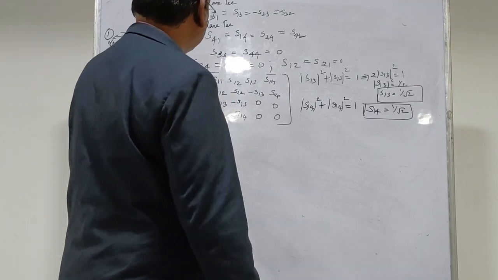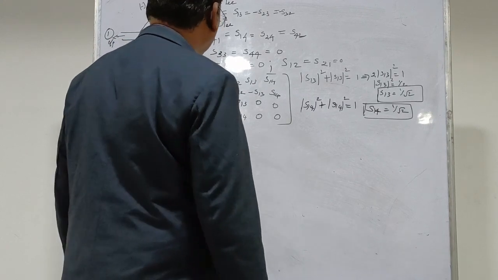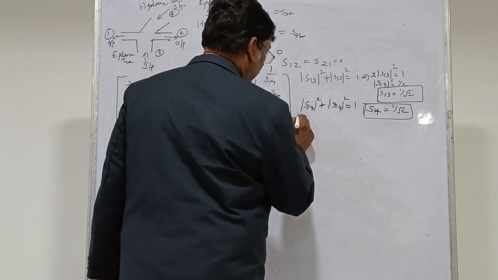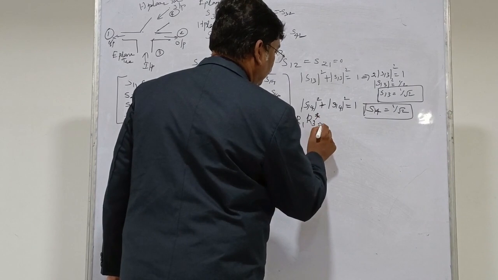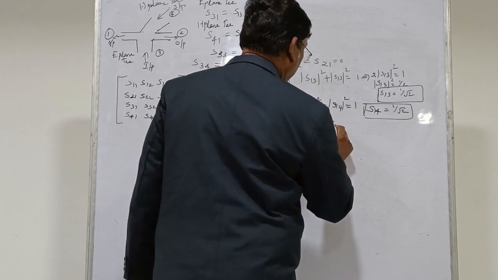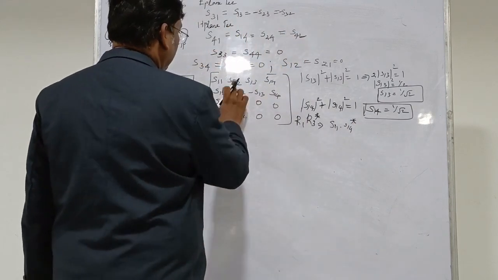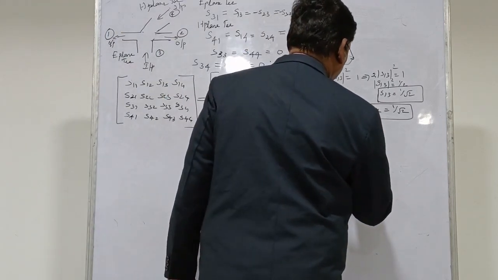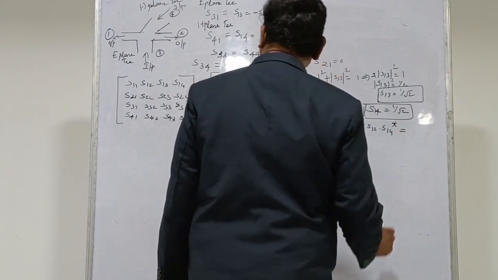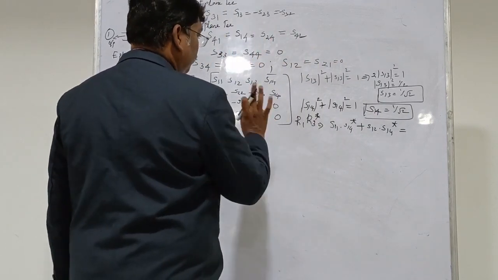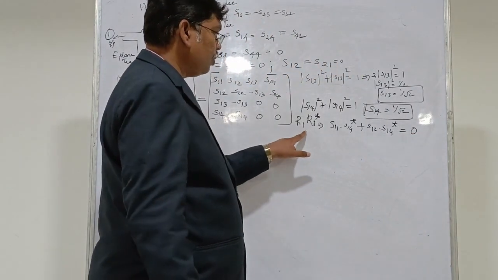So for that, I am taking row 1 with the row 3 complex conjugate, which is S11 into S13 complex conjugate, plus S12 into S13 complex conjugate, and these two other values will become 0. So this is equal to 0 because I am taking two different rows of the element.